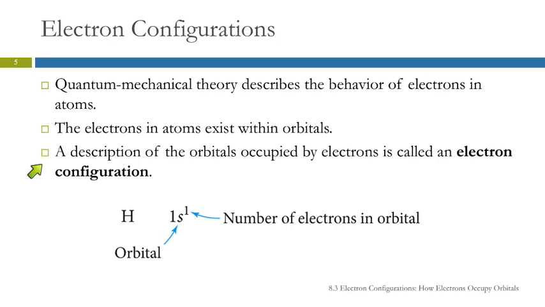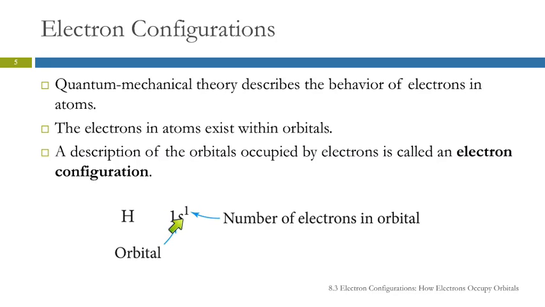So to describe the orbitals in an atom that are actually occupied, we use what's called an electron configuration. And the one for hydrogen is very simple. Hydrogen only has one electron. And so the orbital is listed here, 1s.